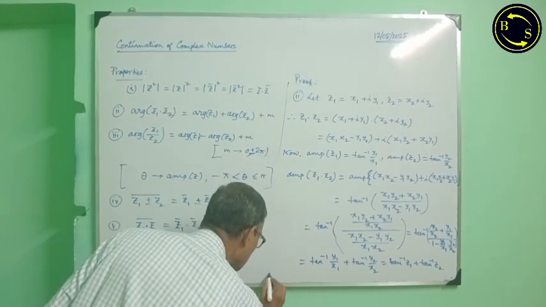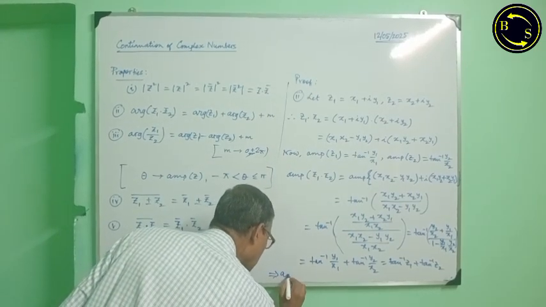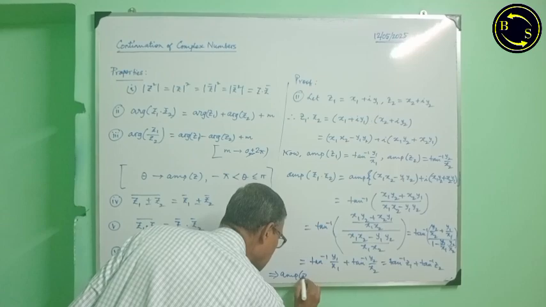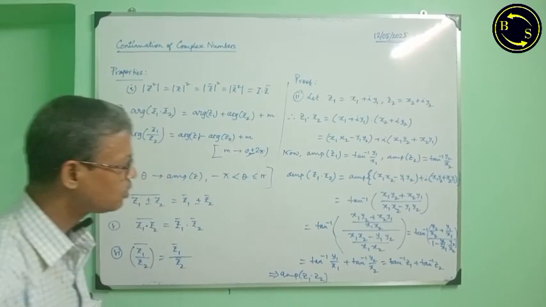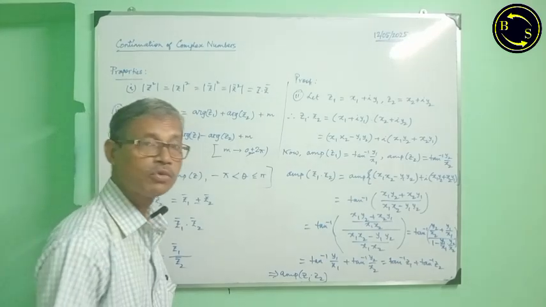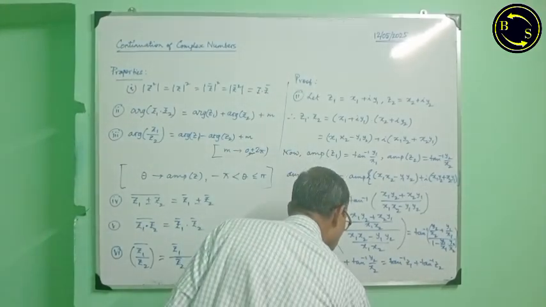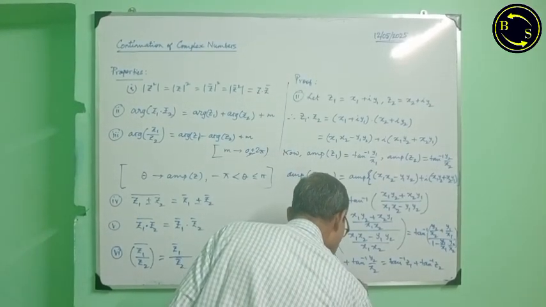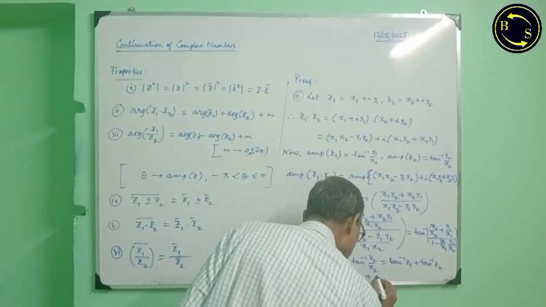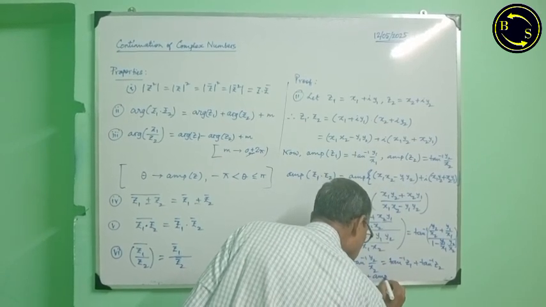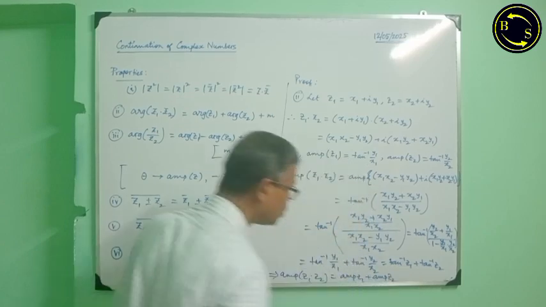Therefore, finally we get the amplitude of z1 into z2, that is, the amplitude of the product of two complex numbers, is equal to amplitude z1 plus amplitude z2.